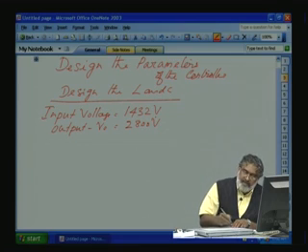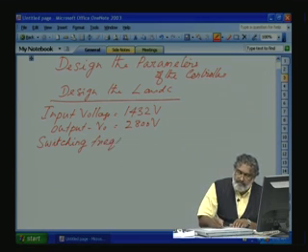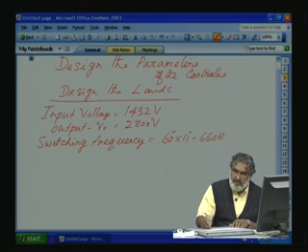Let us take our switching frequency, that is the triangle frequency, 11 times. 60 is the fundamental and our triangle frequency is 11 times the fundamental frequency. This is equal to 660 Hertz.